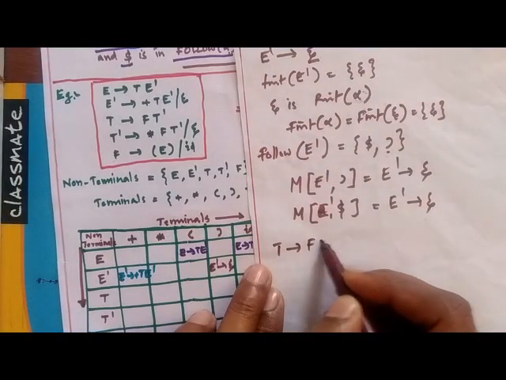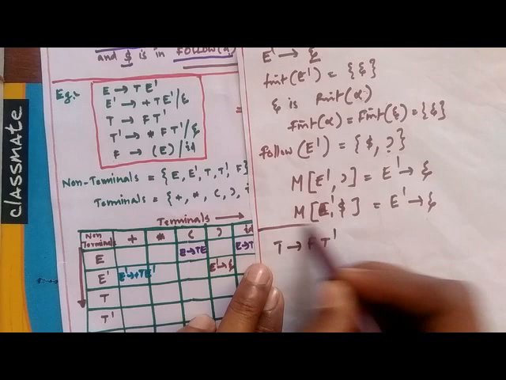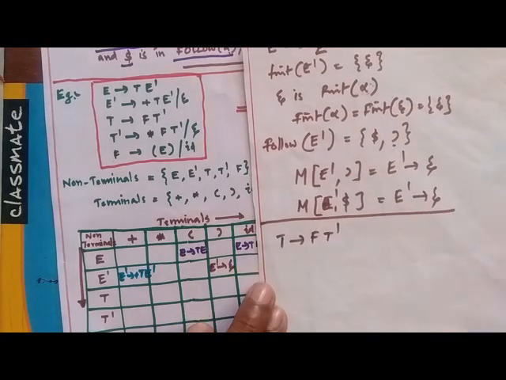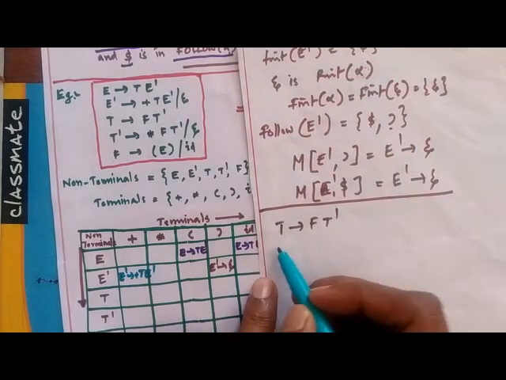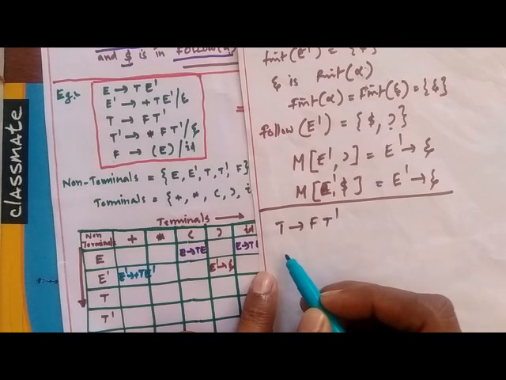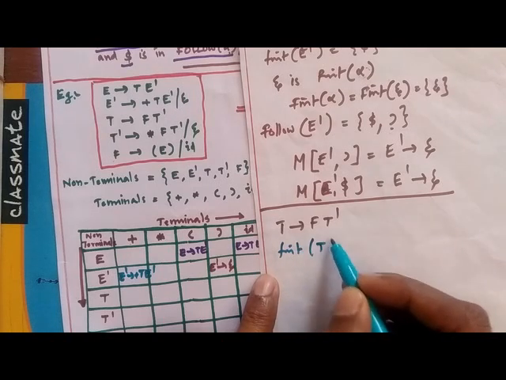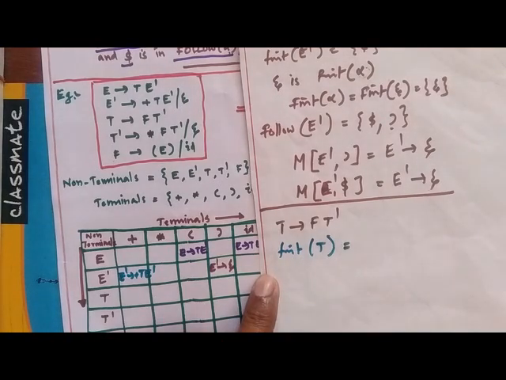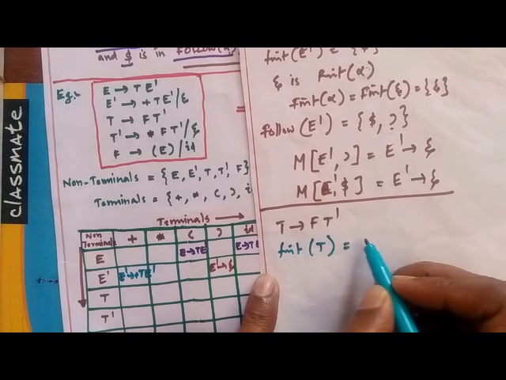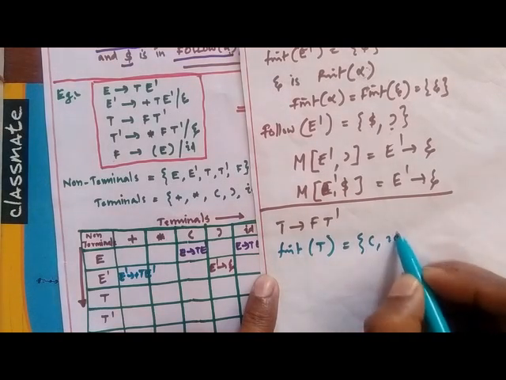The next production is T gives F T dash. Here first we will compute first of T. First of T is equal to left bracket, ID.